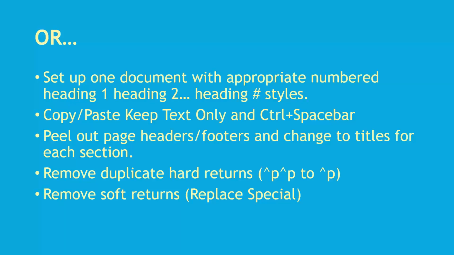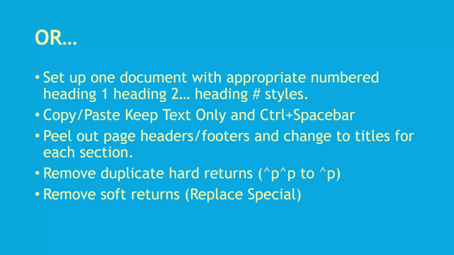We're going to start with that. We're going to save that as a template. The reason we want to save it as a template is we want to be able to go back and continually, as time goes on, tweak that and always have that at the ready so that we can bring text in and get it in line easily.